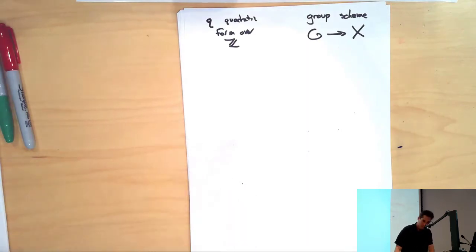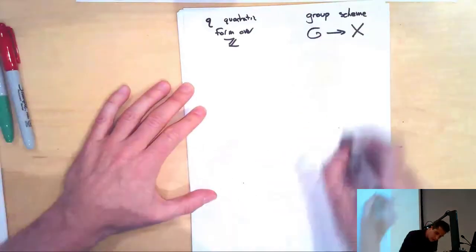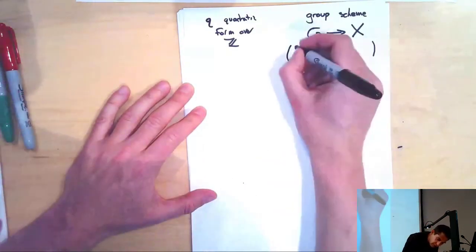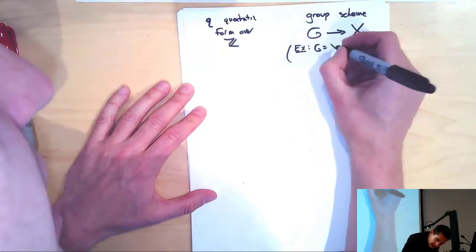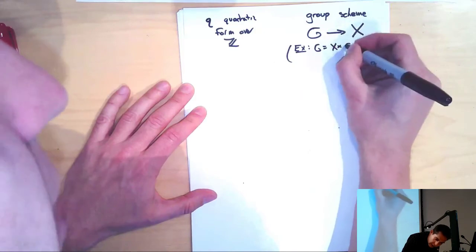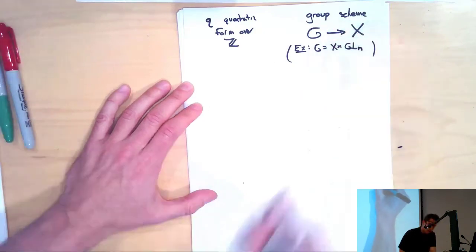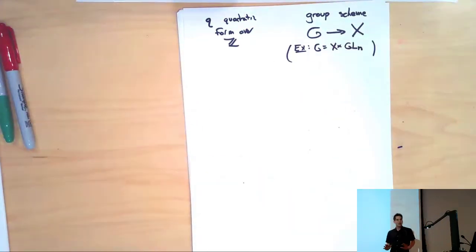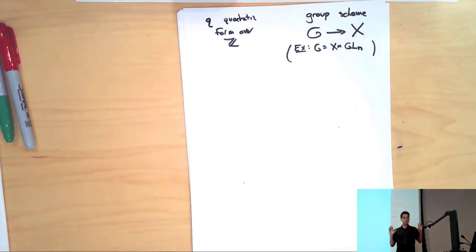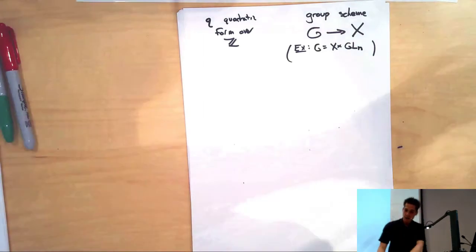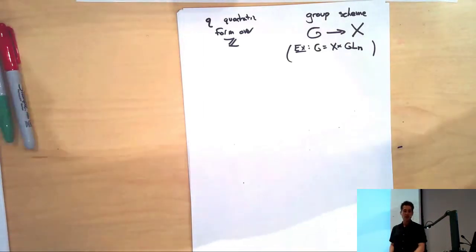An example that you could think about would be taking G to be X cross your favorite algebraic group, like GLN. That's maybe not such a great example because what's going to be important in a little while is the assumption that G is semi-simple. Actually, I already made the assumption that G0 was semi-simple.